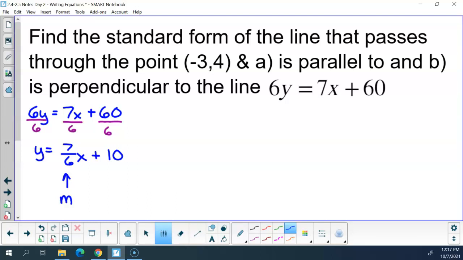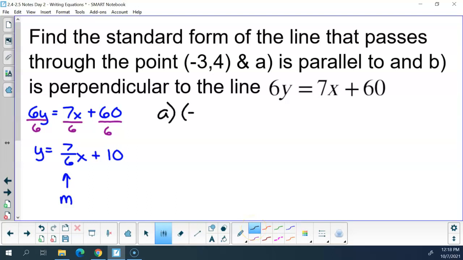Do you want to find the parallel line or the perpendicular line? A is parallel, B is perpendicular. So do you want to find the parallel one first? Yeah.